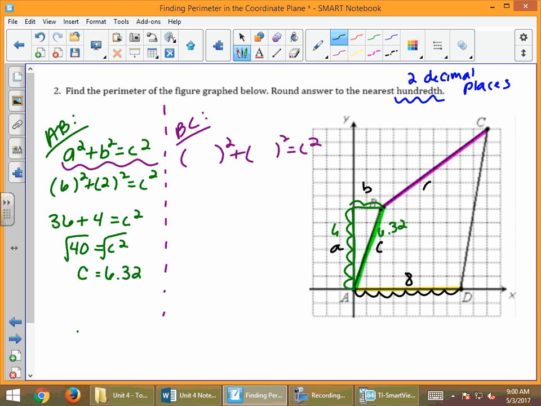The slanted one's always your C. And again, make sure you make your right triangle. It doesn't matter. Let me make this my A and this my B. Slanted one's just always going to be your C. So then count. There's 6. And 1, 2, 3, 4, 5, 6, 7, 8.